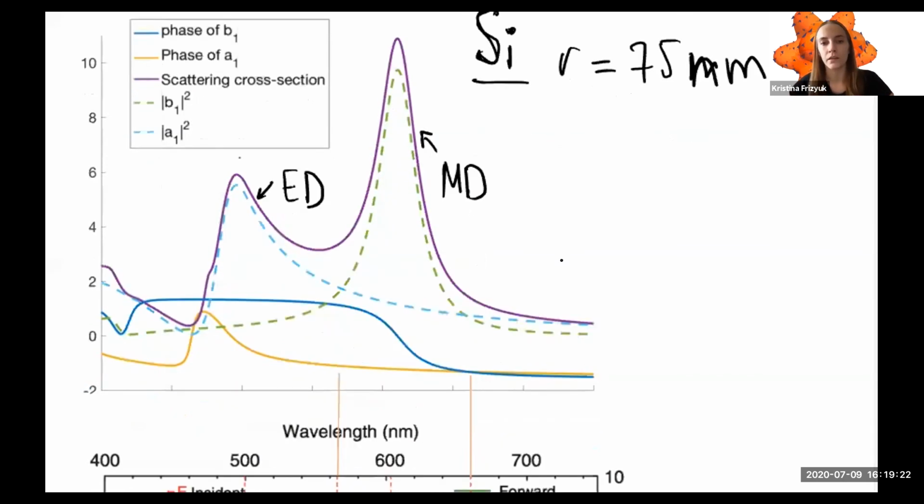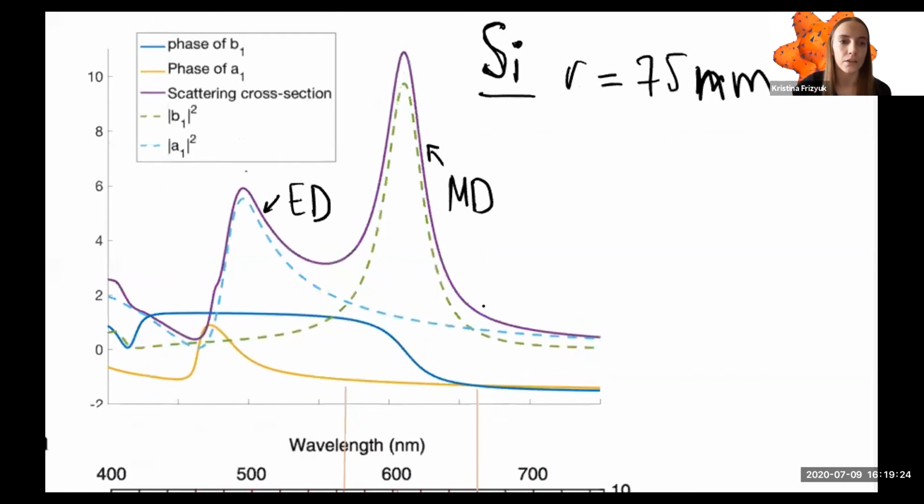And these two lines are just the phases of this coefficient. Here you see that it is pi over 2, and here minus pi over 2. And in resonance, the phase of both coefficients changes, just like any oscillation behavior.